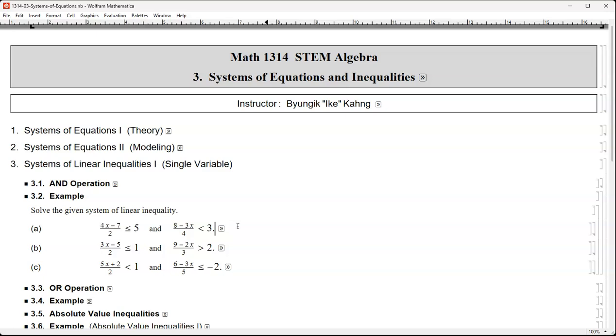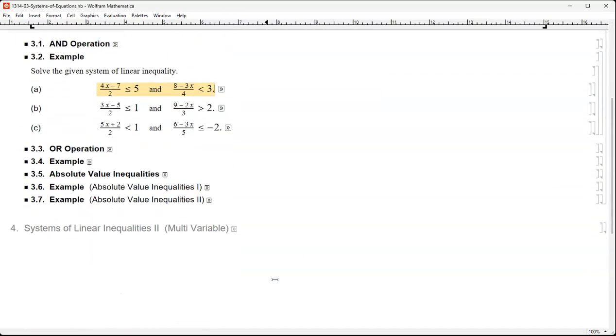So we have these two. 4x minus 7 over 2 is less than or equal to 5 and 8 minus 3x over 4 is less than 3. Let's see. We went through a problem like this before in lesson 2, but that was for just a single expression only.